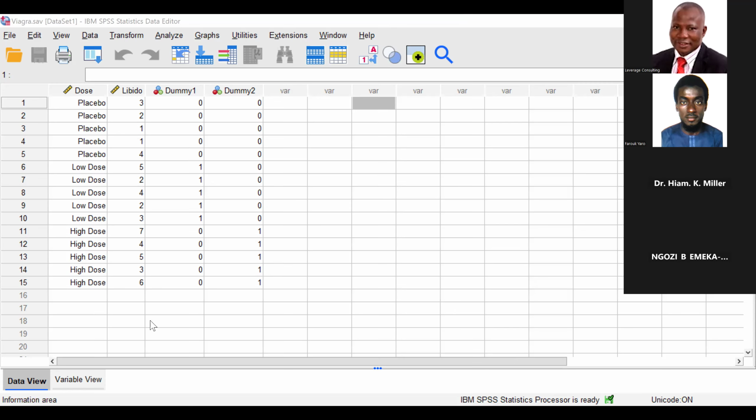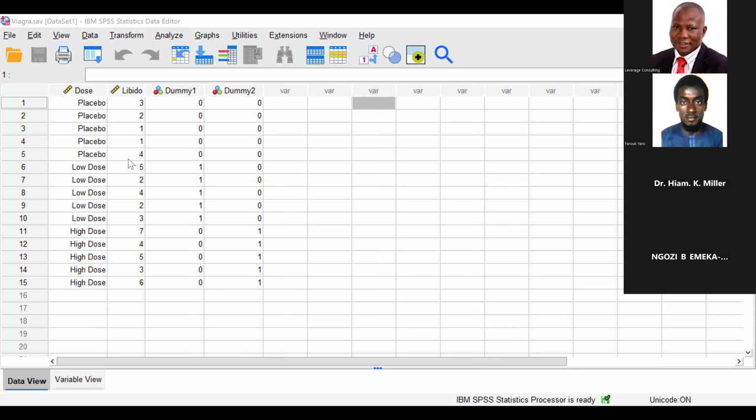Now, what we do is we call it a post hoc test. In the post hoc test, you want to do it as if you want to do t-tests. You combine them in 3 pairs, but they have adjusted it in such a way that you will not have that family-wise error in the type of p-value you get.